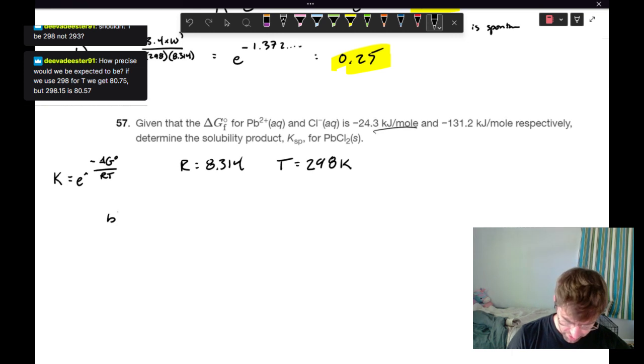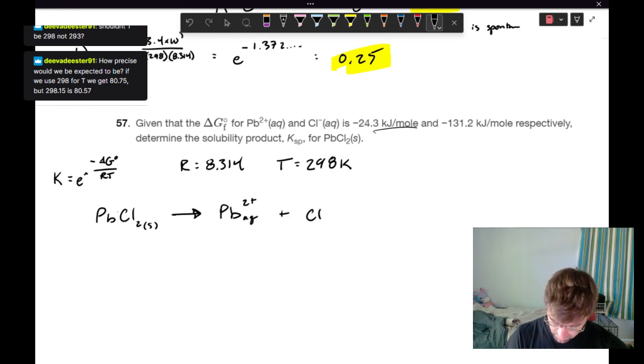Let's write our balanced equation. We're trying to do the formation. Let me think here. Yeah, I'm going to write it this way. So we'll start with products here, because we're given formation constants for lead aqueous and chloride aqueous.